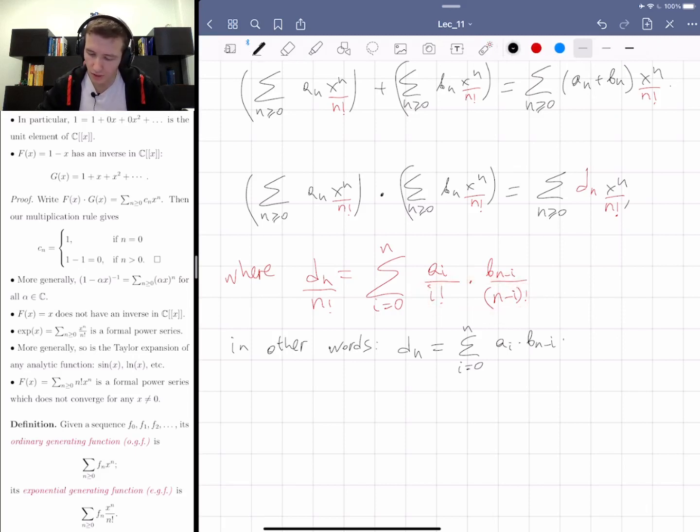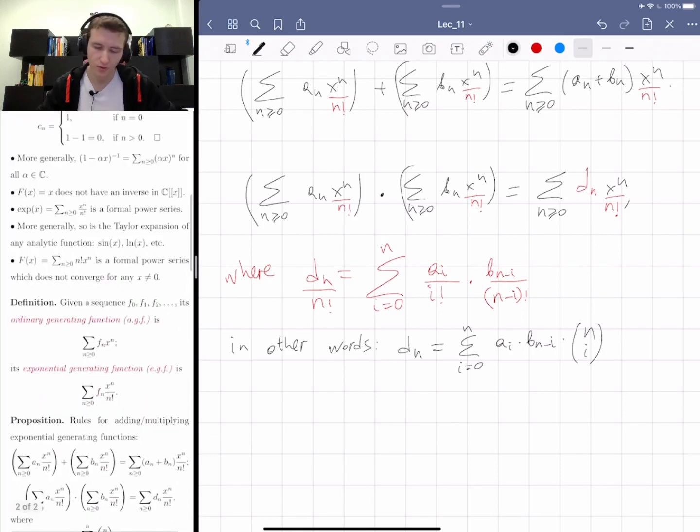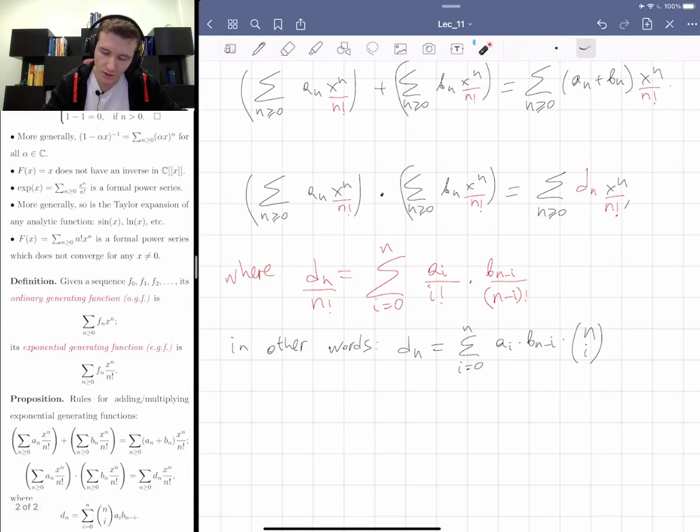That's n choose i. So there is some combinatorial significance to these exponential generating functions. Even though I'm doing a very simple thing, dividing each coefficient by n factorial, the multiplication rule now involves binomial coefficients, just kind of naturally.